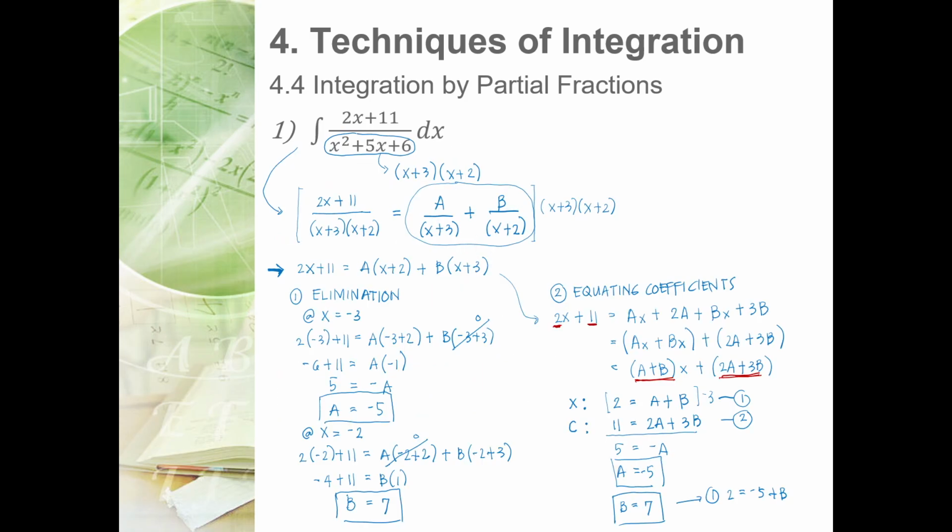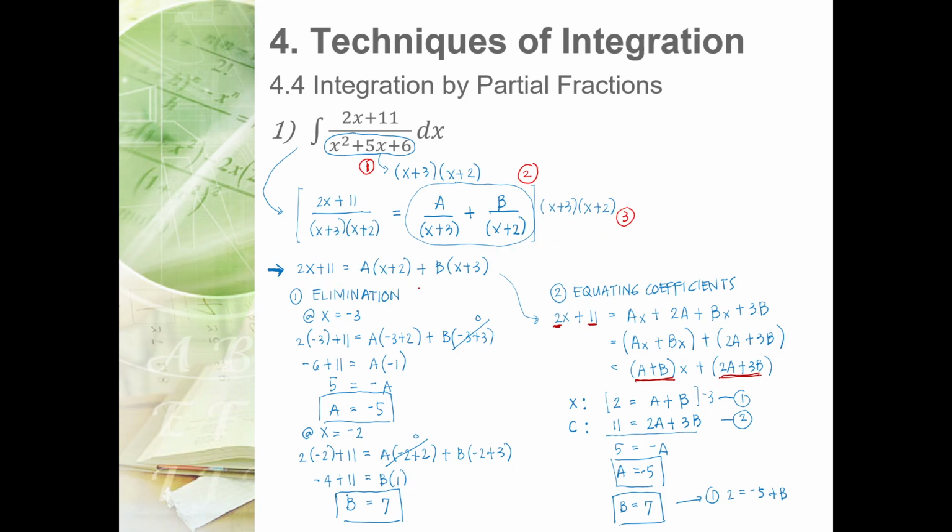Okay, so let's try to review again our process. Again, we have to be careful if the denominator can be factored out first or not. The next one is apply the formula. The third one is we try to eliminate the denominators, di ba? So that's why you multiply it with the denominator, then having this answer.